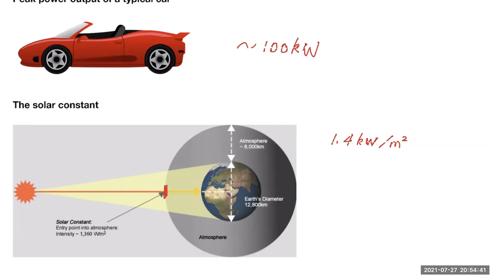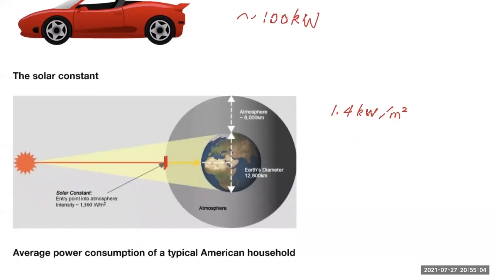So the typical power you can get as electricity from a 1 meter by 1 meter solar panel on the surface of the Earth on a sunny day is only about 120 watts. So it's about 1 order of magnitude less than the raw energy you get from the sun. So that's solar panels.